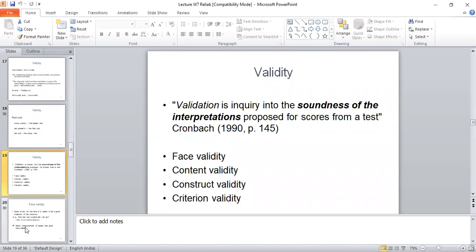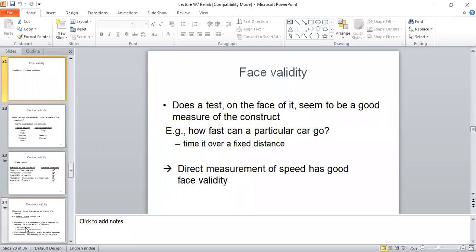Content validity is concerned with the relevance of the contents of the items individually as well as a whole. So, each individual item or content of the test should correctly and adequately sample or measure the trait or the variable in question, and the test as a whole should contain only representative items of the variables to be measured in the test. So this is what content validity is.